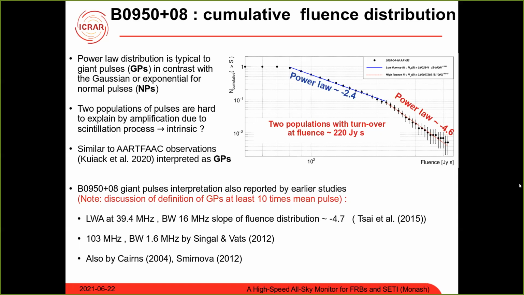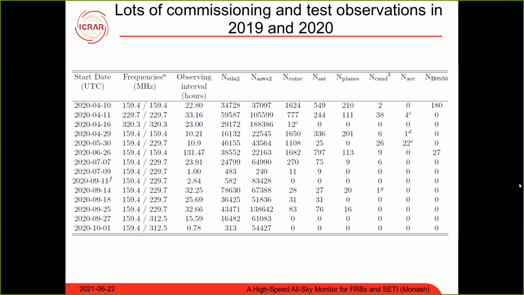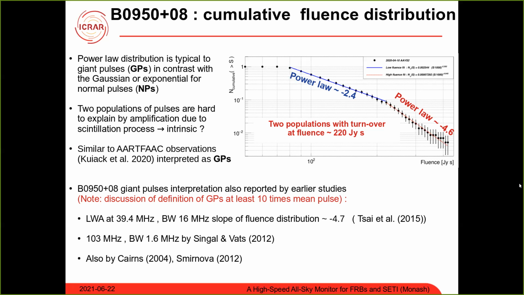So this actually matches well the picture that it could be giant pulses indeed. And this similar power law distribution was observed by the ArtFac group and other groups as well. And also this kind of behavior is seen for giant pulses observed from other pulsars, such as, for example, the Crab pulsar or other pulsars. So it's a possibility.